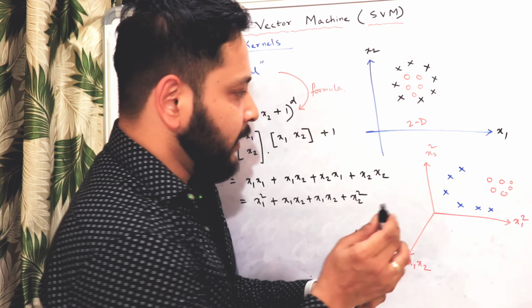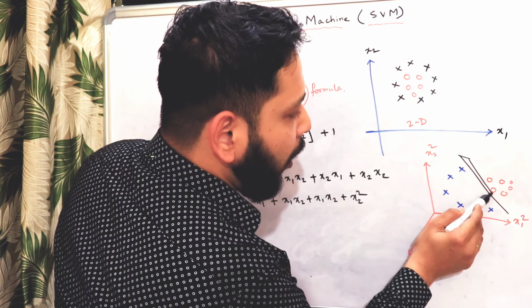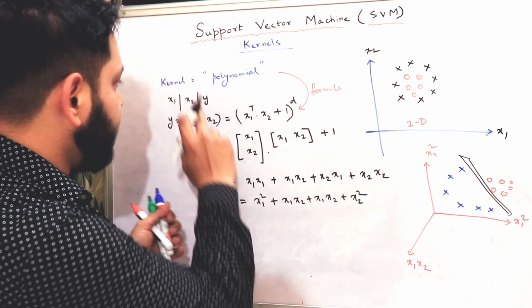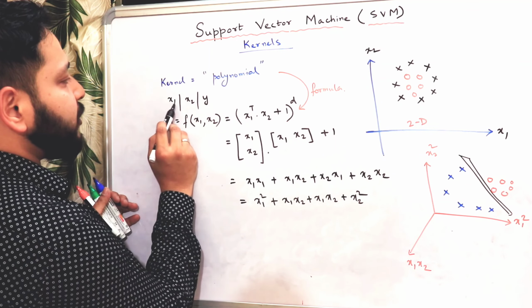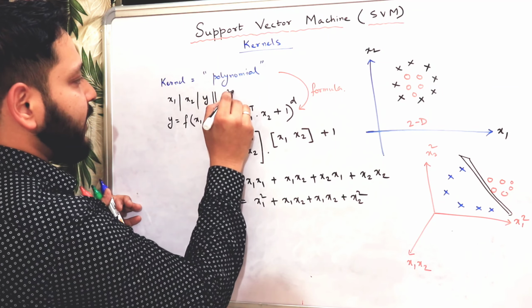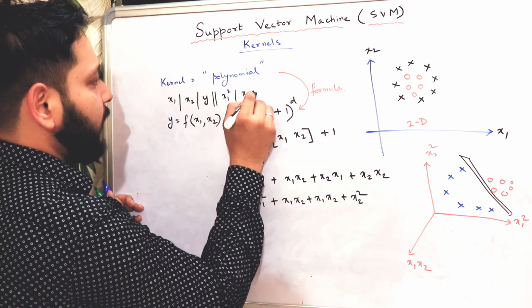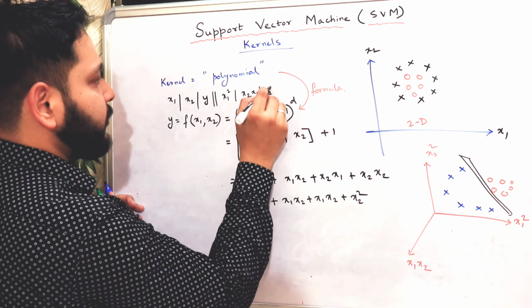What is a hyperplane? Say, and thus if we see that we have points x1 and x2, and we are taking it as x1 square, x2 into x1 and x2 square.